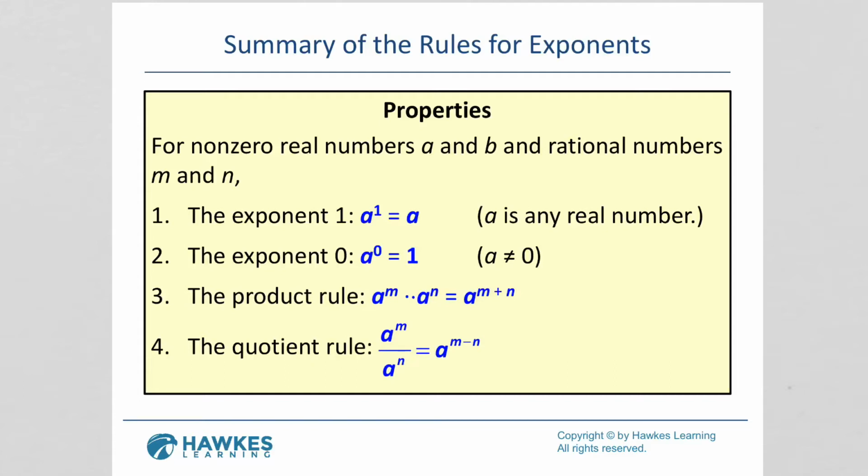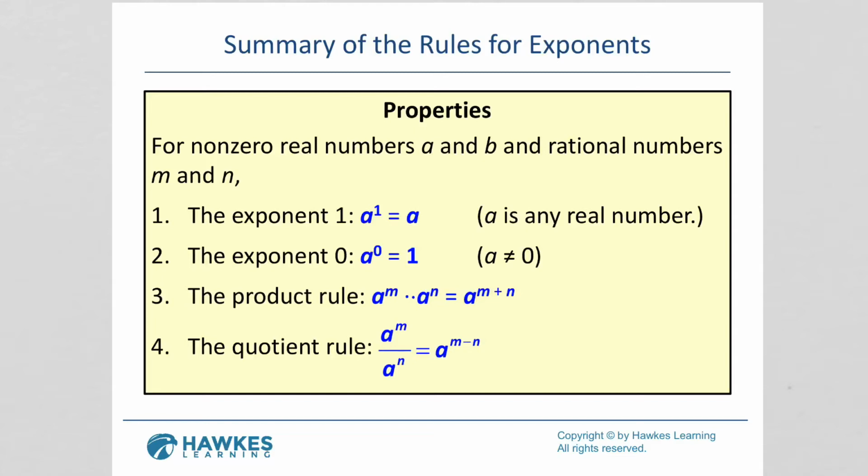Essentially, anything to the 0 power other than 0 is 1. Our product rule, number 3, a to the m times a to the n is equal to a to the m plus n. When my bases are the same, I add my exponents.